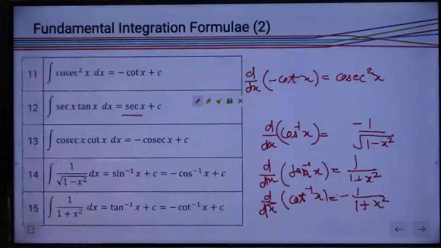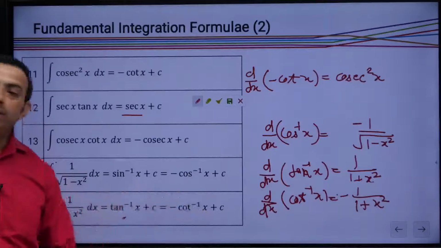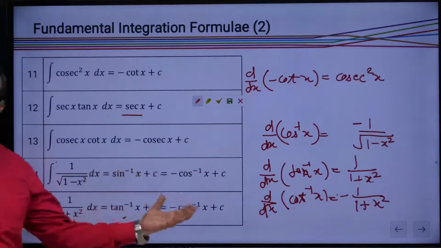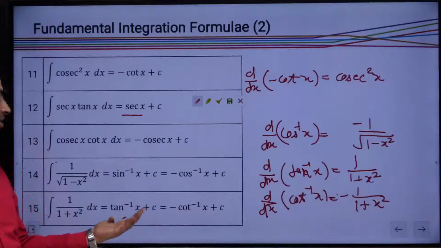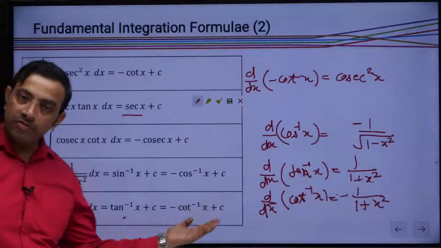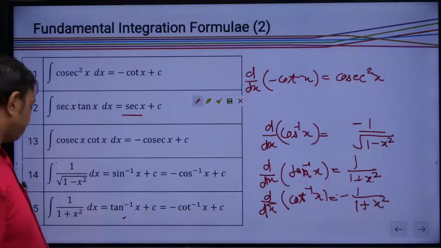So if we integrate 1 upon 1 plus x square, we have two choices: the positive tan inverse x, or minus cot inverse x. So you can see the integration of this function is not unique. If I need tan inverse x, I will go with this formula, or if I need minus cot inverse x, I will go with the other formula.